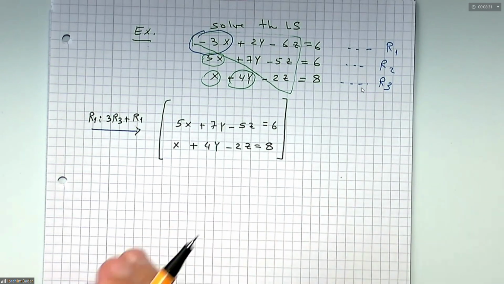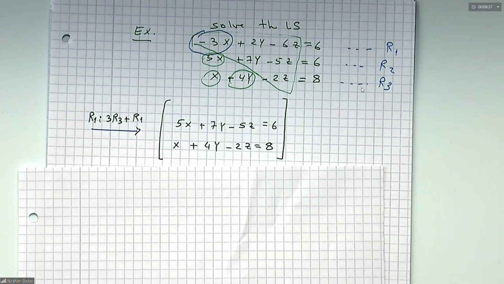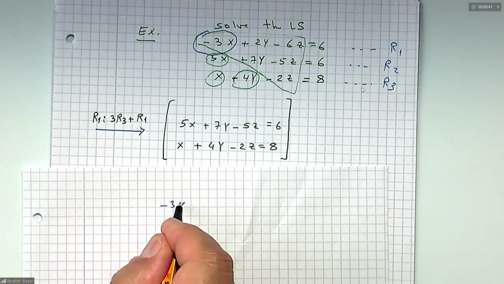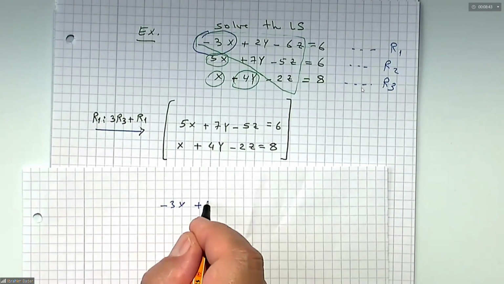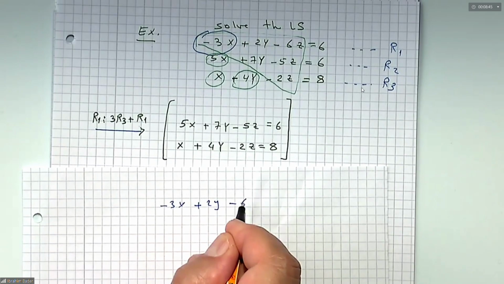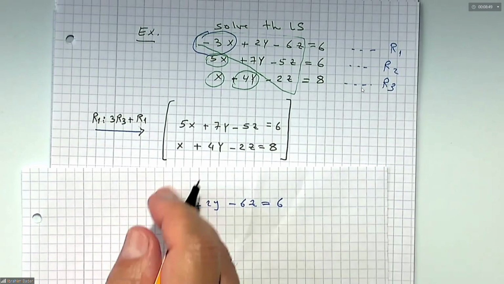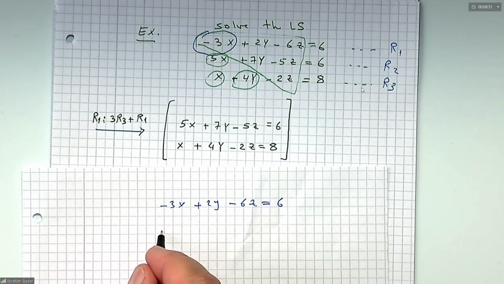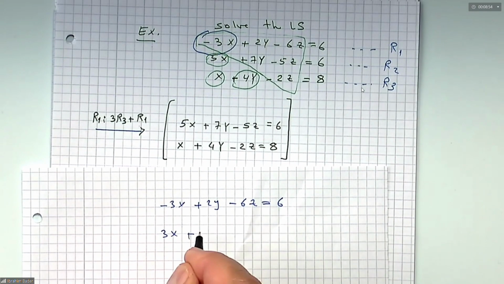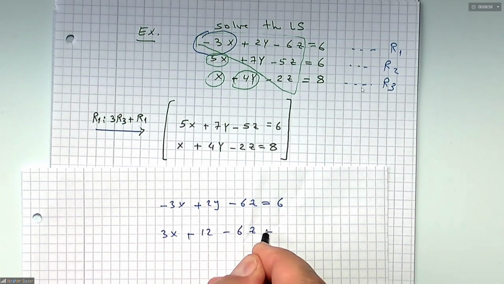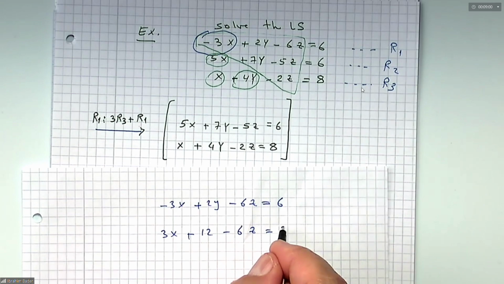Now here, what is the result of this? As I told you, let's go back to the scratch paper here. I will be just writing the first row, minus 3x plus 2y minus 6z equals 6. So this is the first row. And 3 times the third row we said is 3x, 4 times 3, 12, minus 6z equals 24.